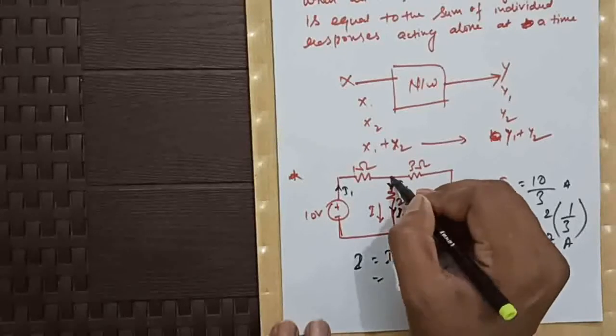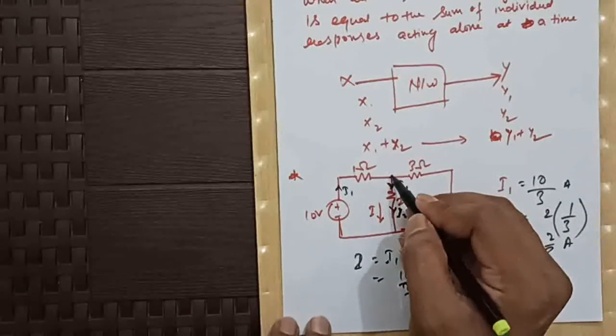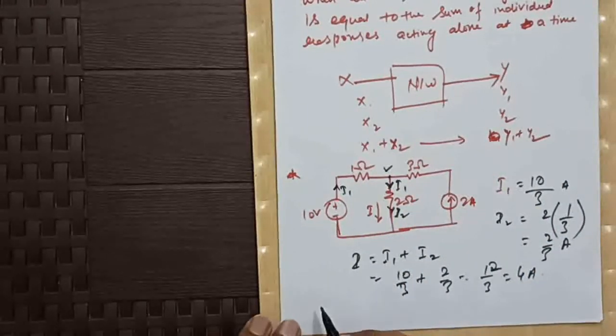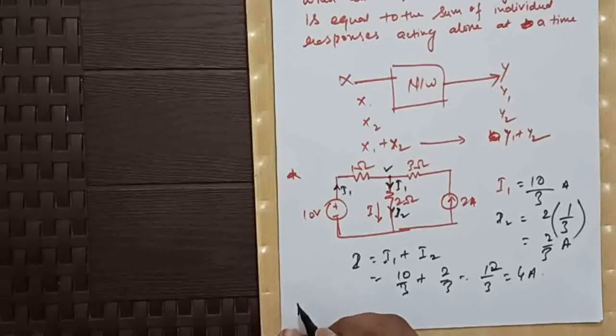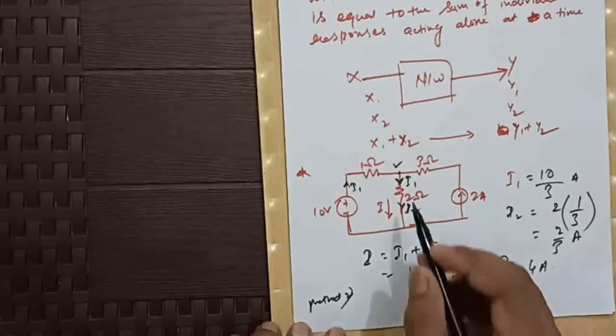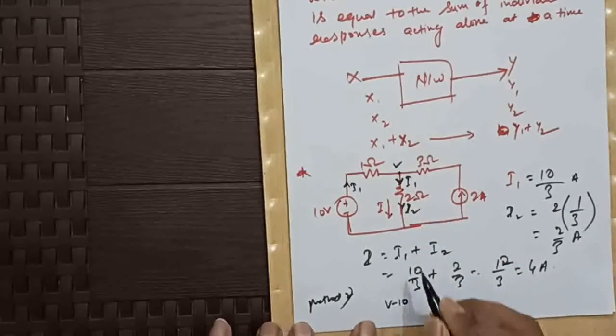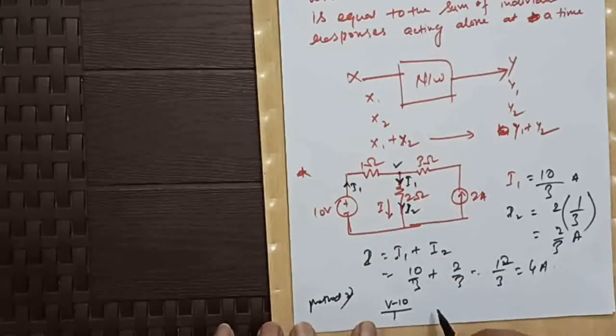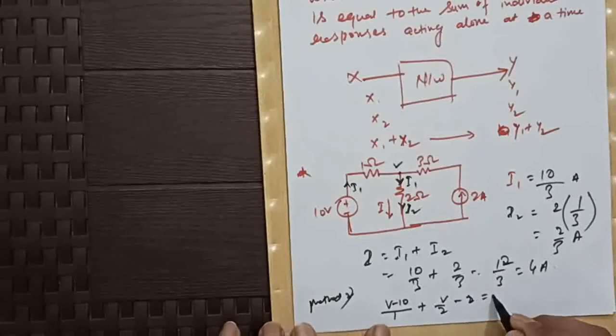So for that, let us do it by nodal analysis, right? Method 2. When we apply nodal analysis here, what we will have? (V minus 10) by 1 ohm plus (V minus 0) by 2 ohm minus 2 is equal to 0.